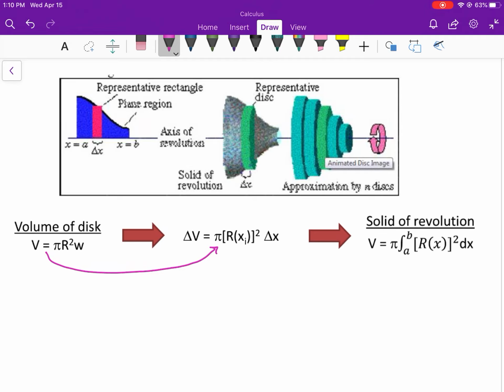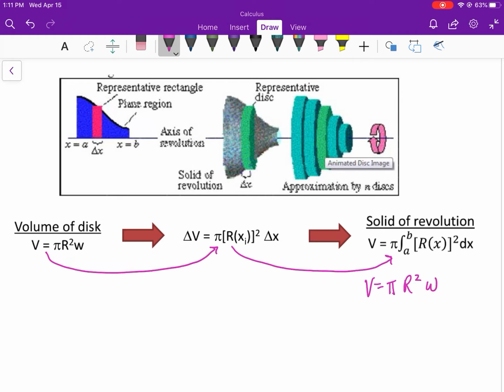So when you add up all the volumes of the cylinders, you're going to get the volume of the solid. Taking and adding up all the cylinders with summation and limit notation brings you over here to the integration. So basically what you have is your volume formula, and we can use their notation.